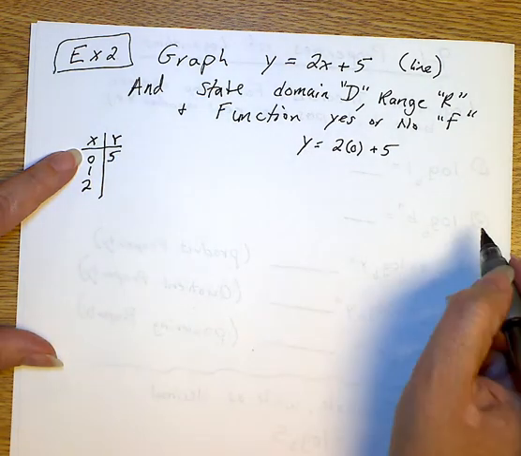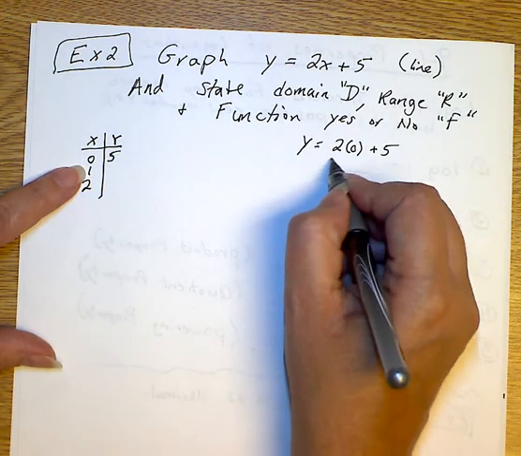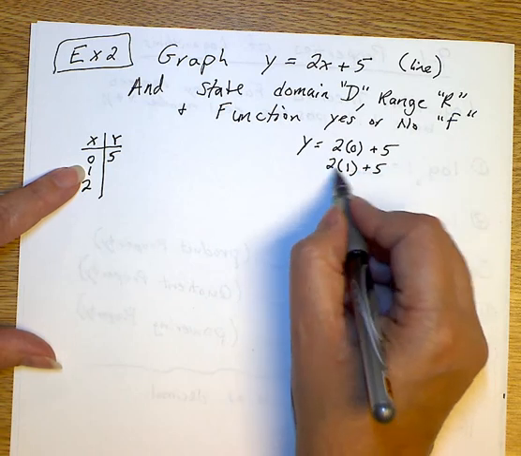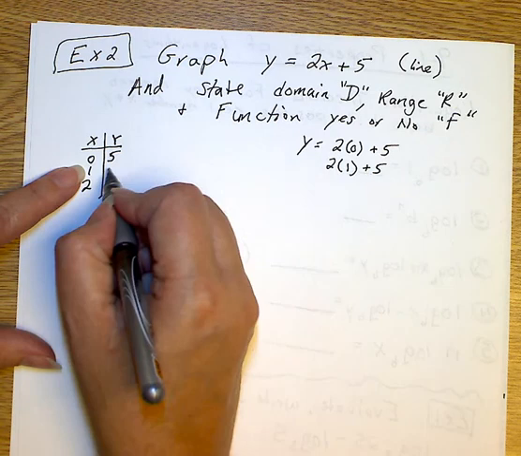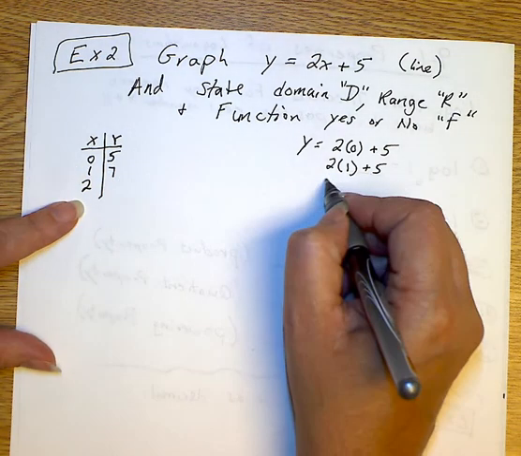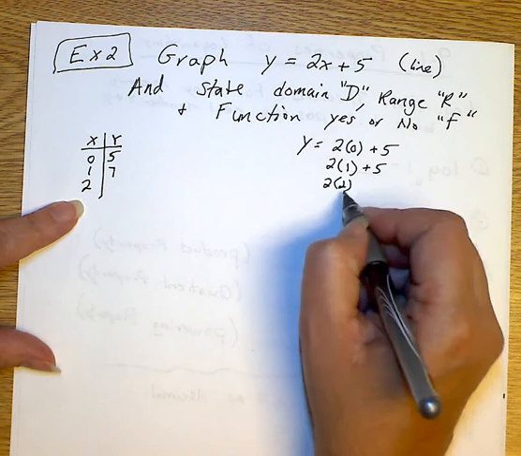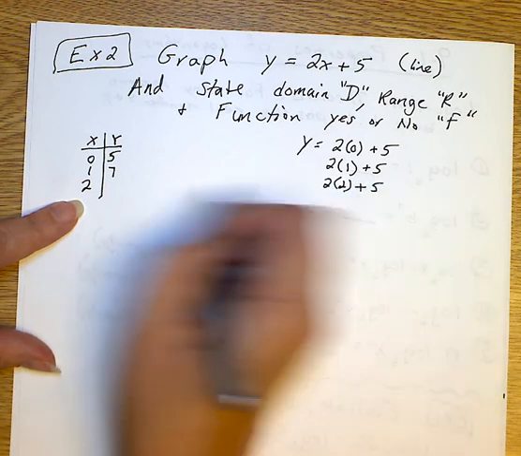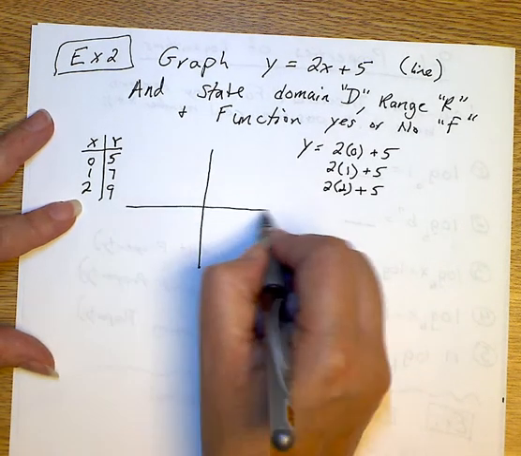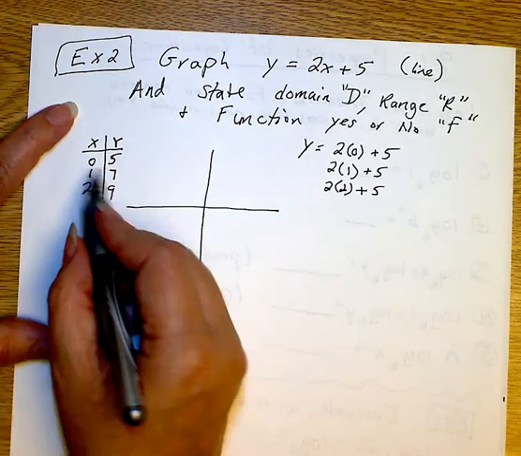And then I plug in a 1. So I have 2 times 1 plus 5. 2 plus 5 gives you 7. And then you plug in your 2. 2 times 2, 4 plus 5 is 9. Zero, 5.